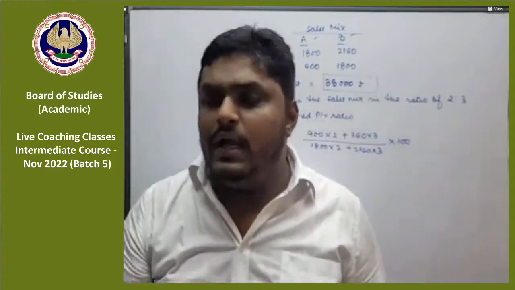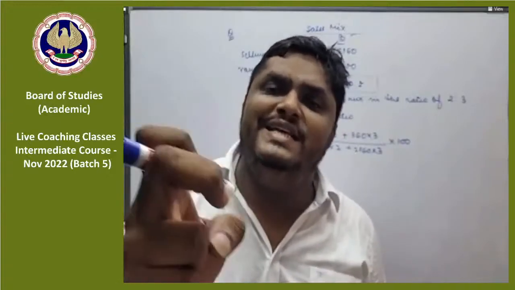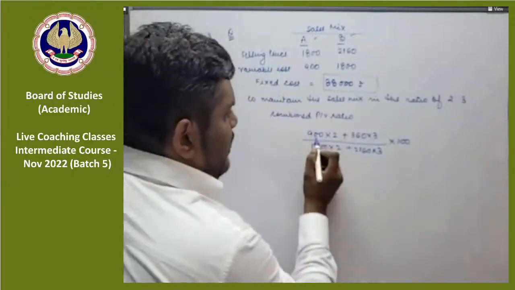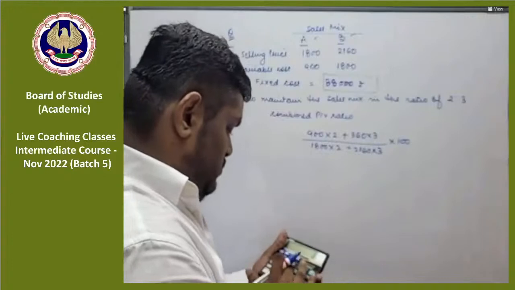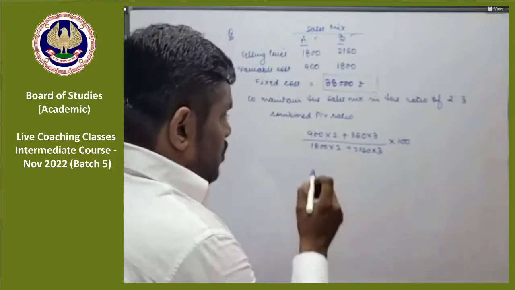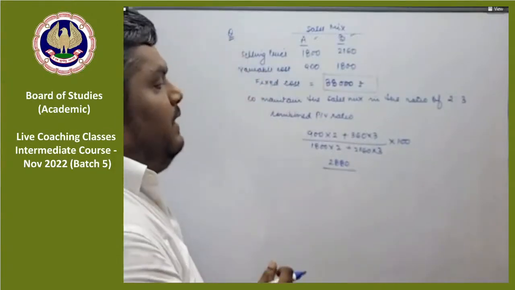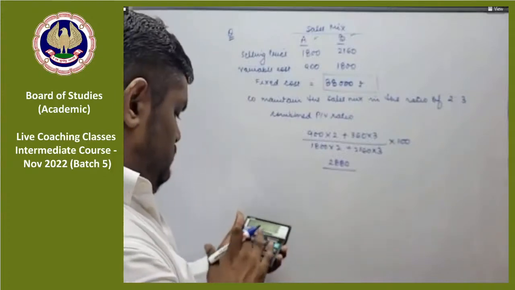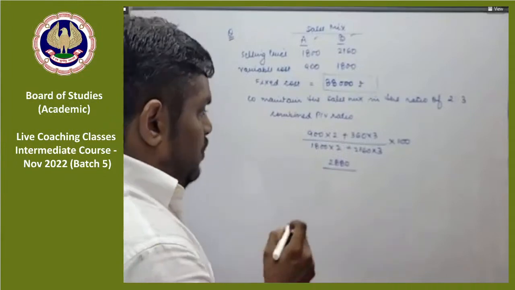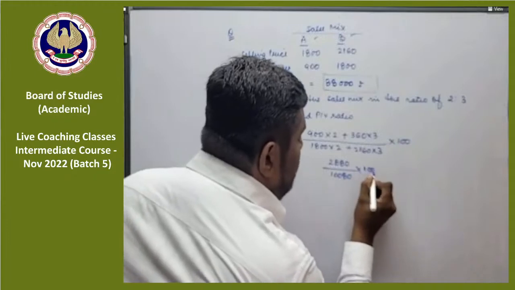So when talking about the combined PV ratio, guys, very important, you have to keep in check the price as well as the quantity. So let's calculate the combined PV ratio. This will be 2880 divided by 10080 into 100.